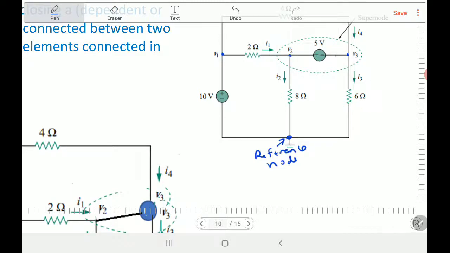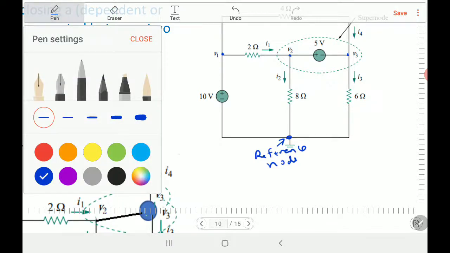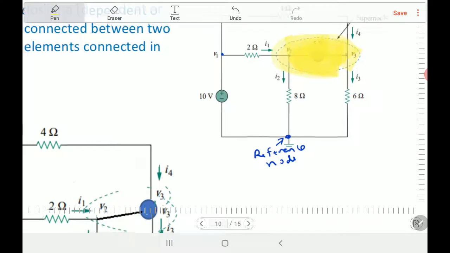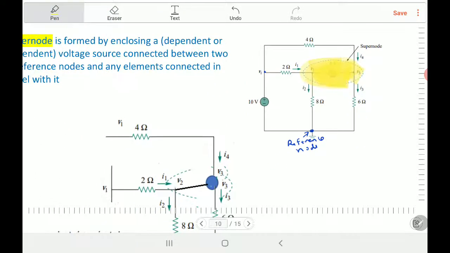Neither one of them is the reference node. So what will we do? Simply, we make these two nodes one node, and we call it a supernode. That's why we call it a supernode, and we treat it as one node.